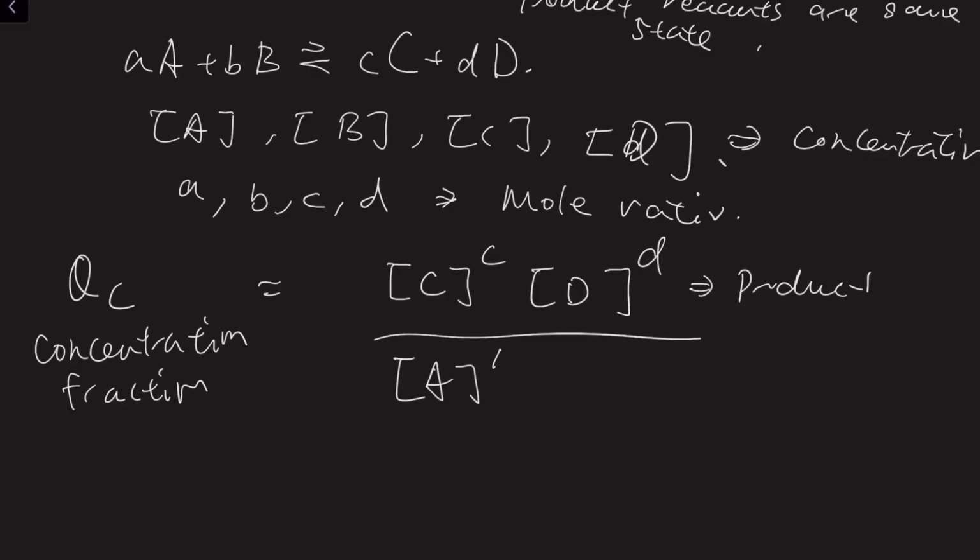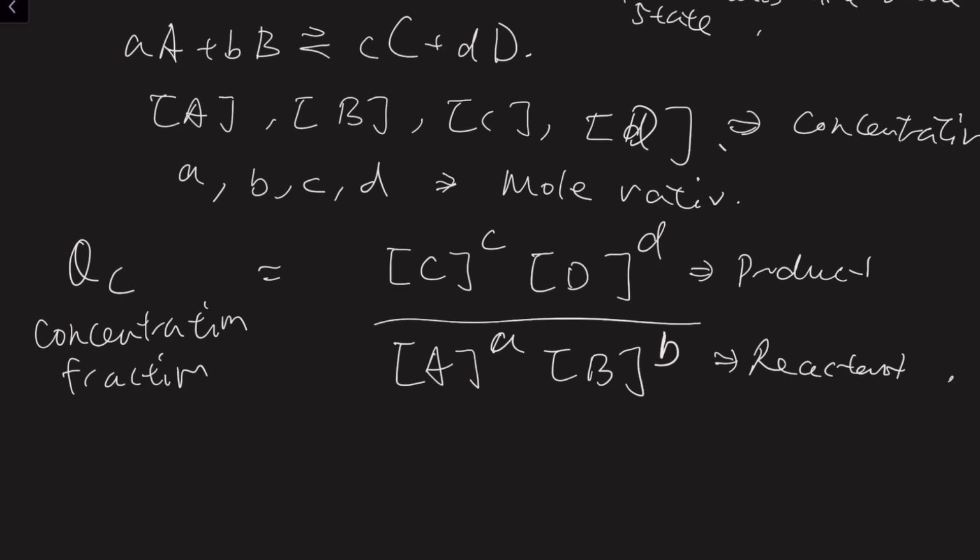Similar idea. So let's have a think of what this concentration fraction is actually doing. If we just perhaps ignore this exponent, it's basically a ratio of your product and reactant.